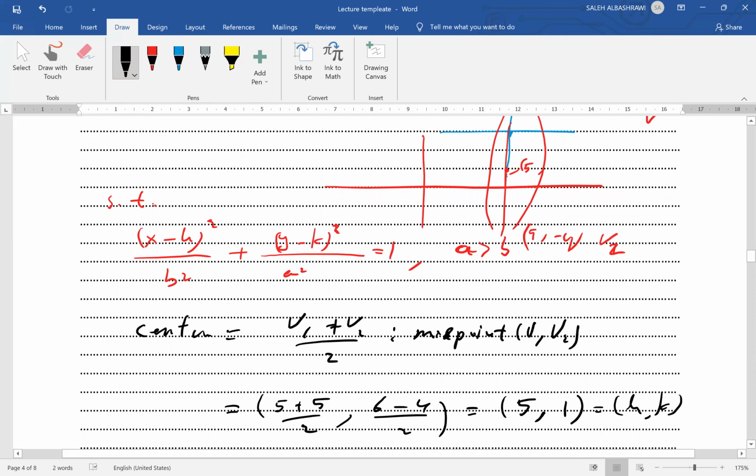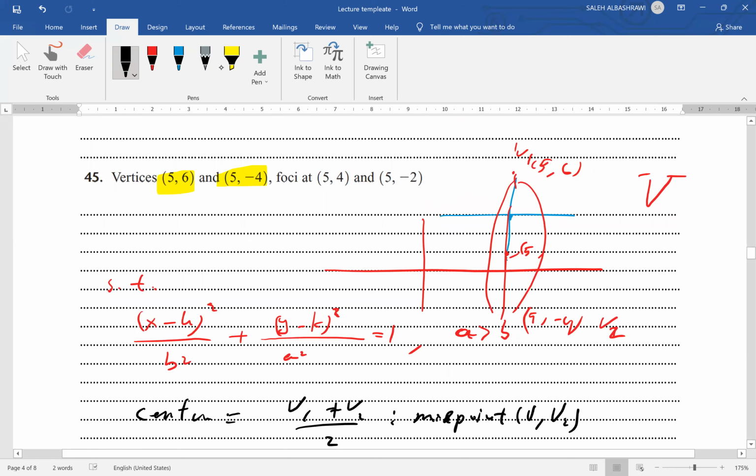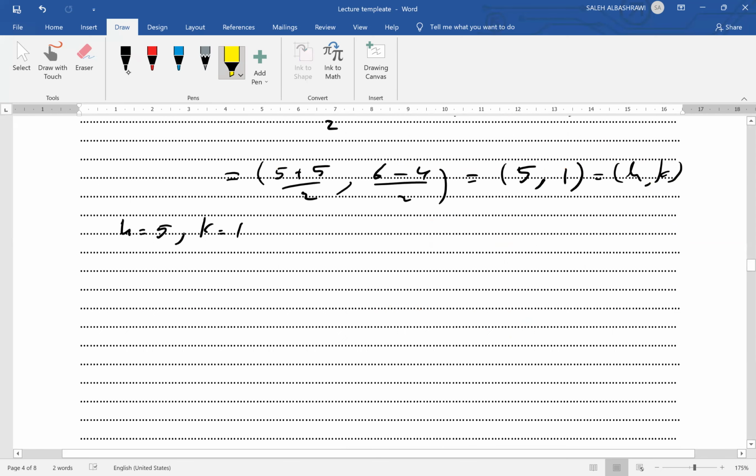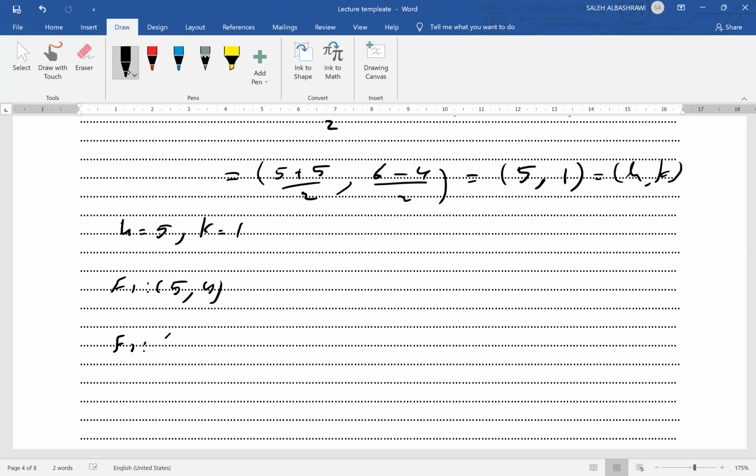More information, we are given that the foci are at 5, 4, and 5, minus 2. So F1 is given by 5 and 4, and F2 is given by 5 and minus 2.